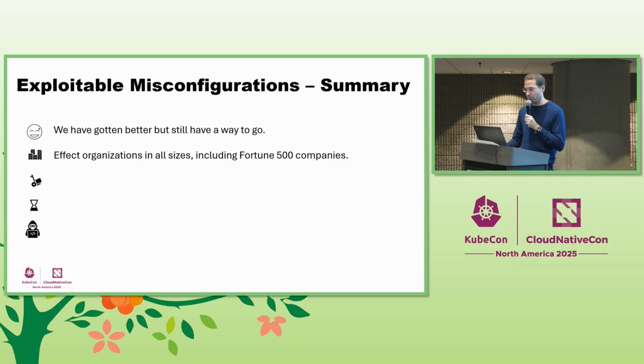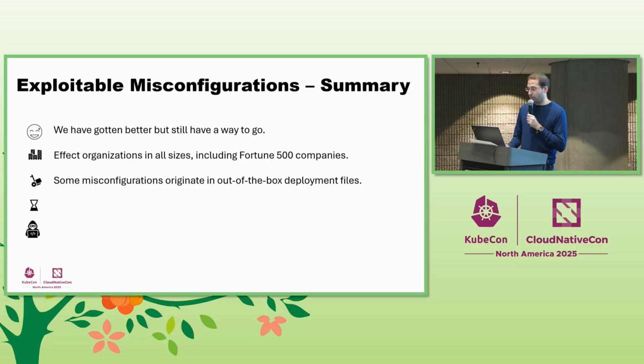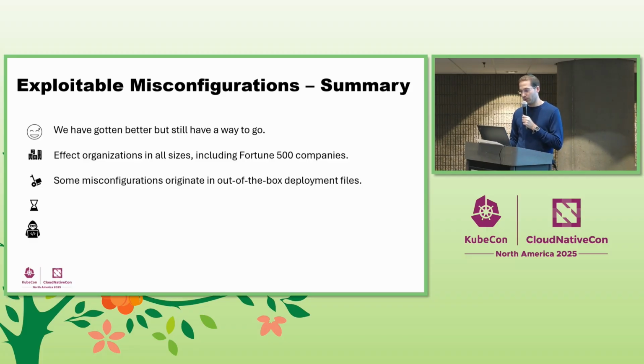Everyone gets exploited by misconfigurations. As we have seen throughout the session, in some cases, the misconfigurations come out of the box. It's not even about a mistake that somebody makes. Sometimes it's just relying on the default settings. And that's why it's crucial to really understand what we deploy and not just trust the default configurations that come out of the box.